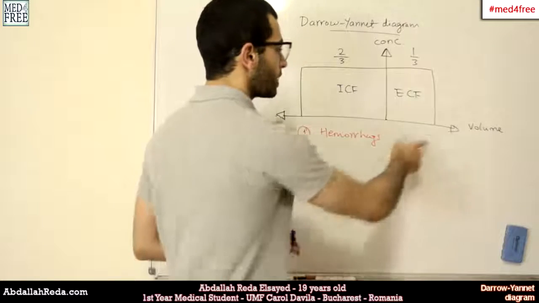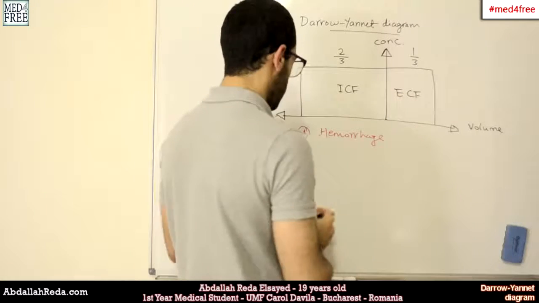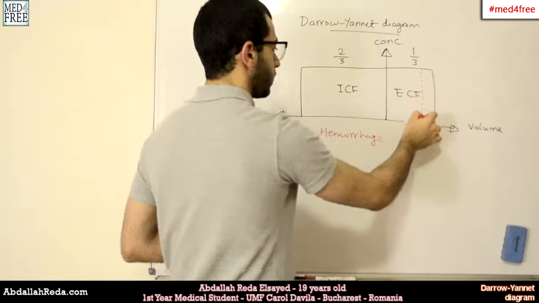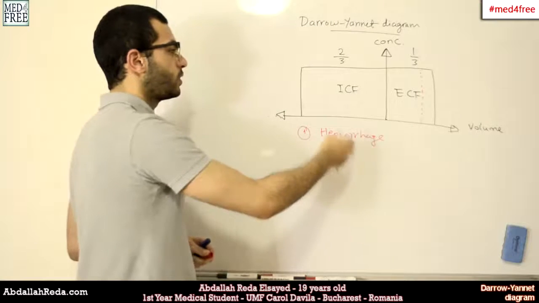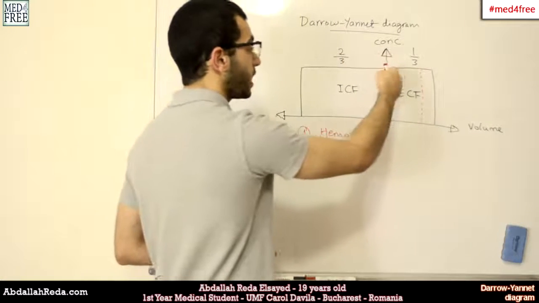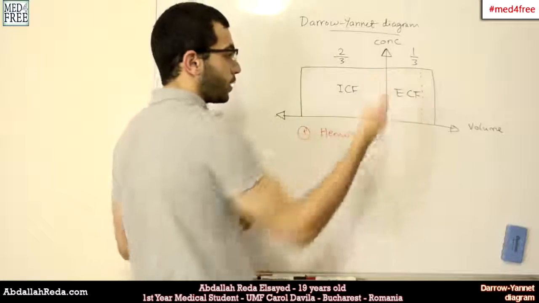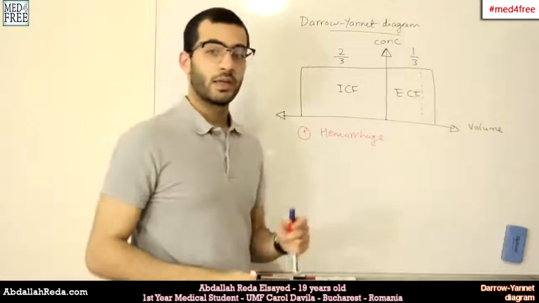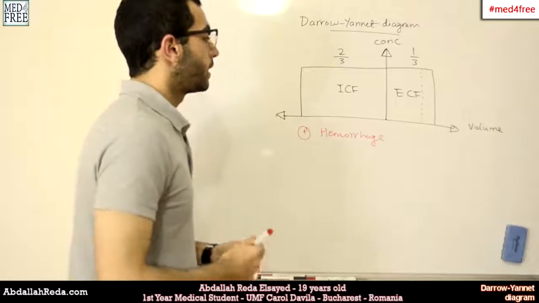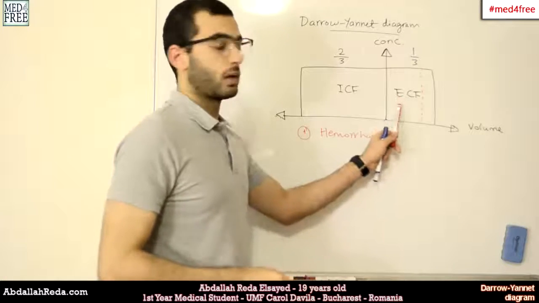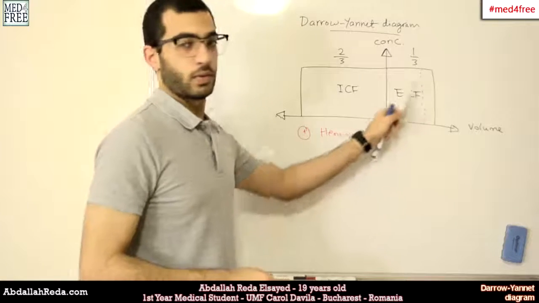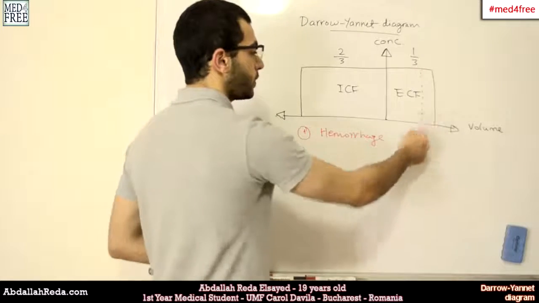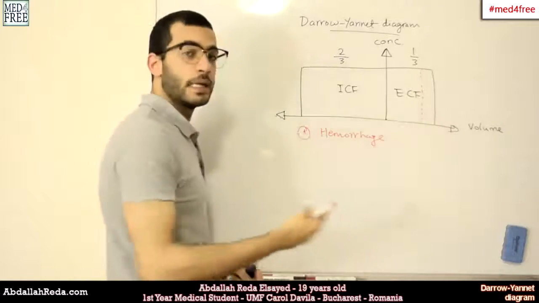So as this is the volume and it's lost from this compartment, the volume will shift to 0, so it will decrease, but no change will actually occur in the concentration here, and accordingly this compartment will not be affected at all because this is an isotonic fluid. It will not change the effective osmolarity of the extracellular fluid compartment. So this is the only change that happens. The volume shifts towards 0 or decreases.